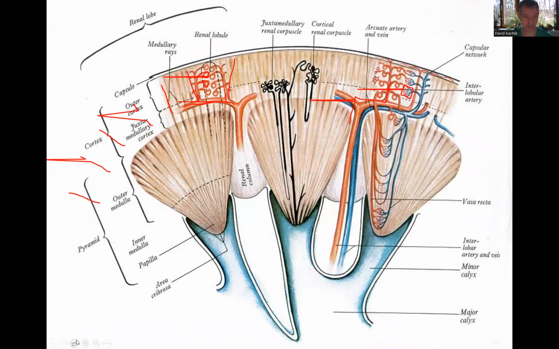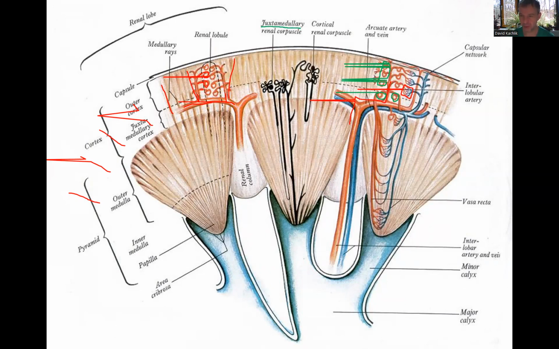Then in case the glomerulus is not high in the cortex like this, which we call cortical glomeruli, but here these glomeruli are very close to the medulla, so we call them juxtamedullary.